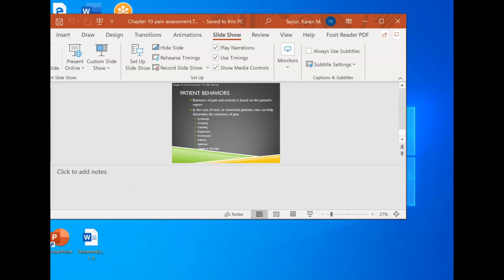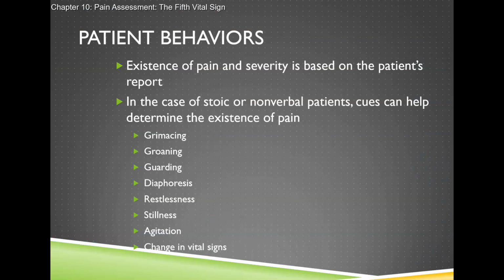Okay? So, I want you guys to be aware of different types of pain, different types of pain behavior. And I also want you to be aware that there are various types of pain scales.